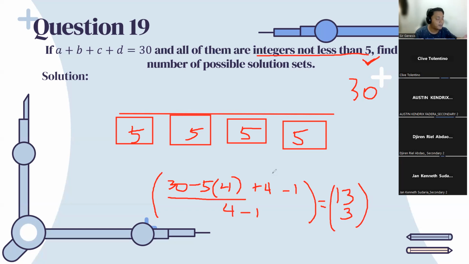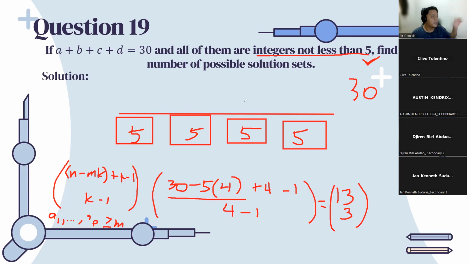So the general formula is n minus mk plus k minus 1, choose k minus 1, if all of the objects, let's say a sub 1 until a sub p, will be greater than or equal to m.